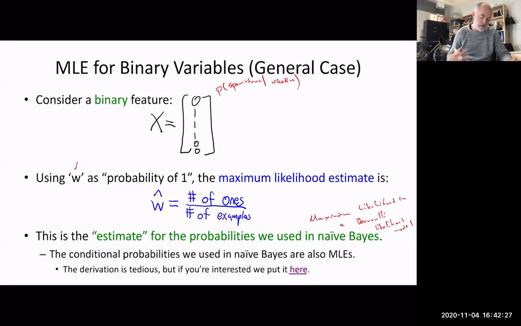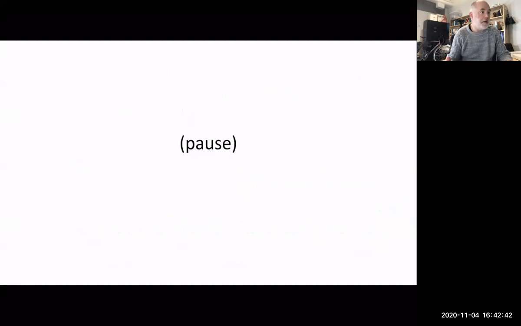So the conditional probabilities that we estimate in naive Bayes are also maximum likelihood estimates of basically the exact same form. The derivation is really tedious, but it's online, you can look at it. We can go through it if you want to. Anyway, there we are. Pretty good so far.